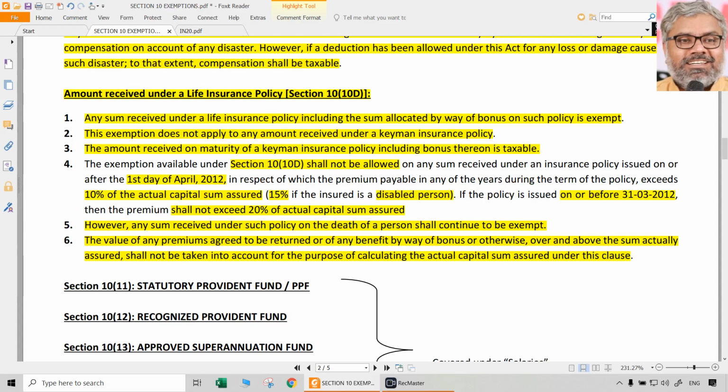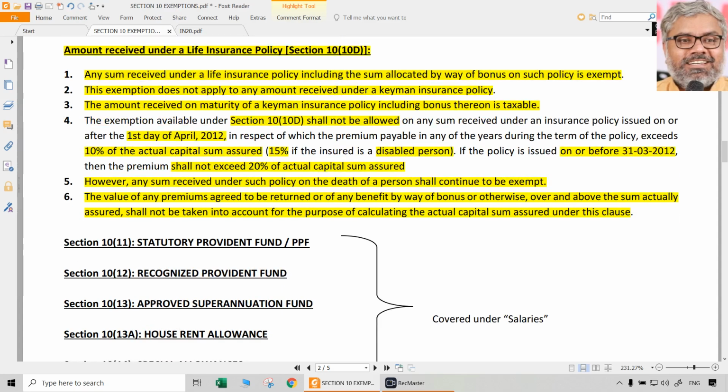If at all there is any premium reduction at the end of the policy, any such benefits shall not be taken into account. So the original capital sum assured, whatever is the insured amount, shall be taken into consideration for calculating this 10%, 15% or 20%. That's all.